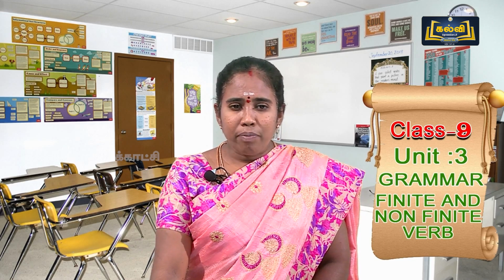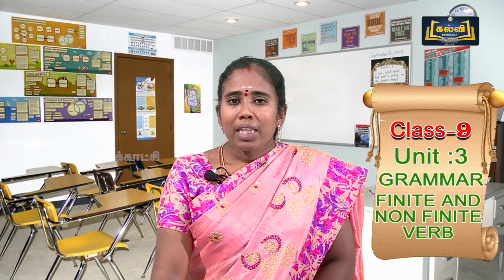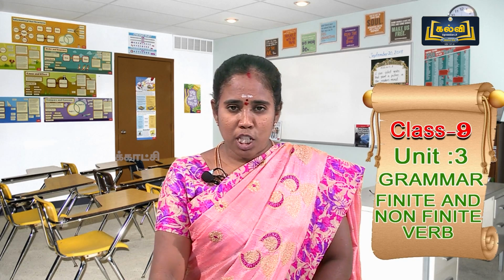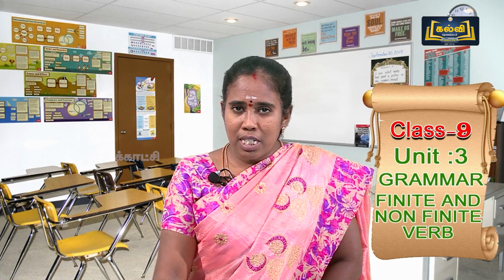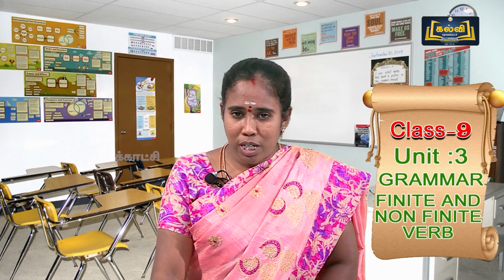At the same time, non-finite verbs will function as an adverb, adjective and a noun also. But they do not function as verbs. You will understand this with the above examples. Singular and plural subjects differ, but the non-finite verb did not change.